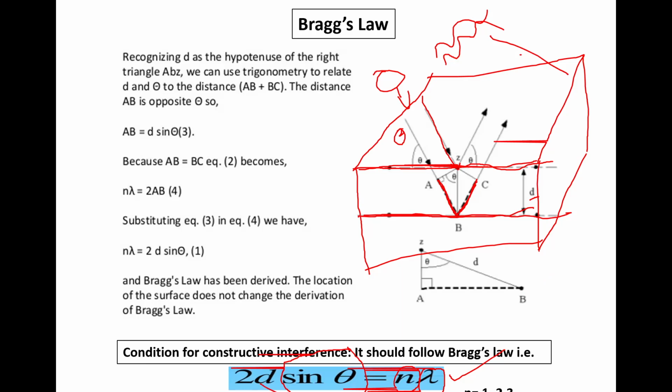You put it here. So this is n lambda divided by 2d, right? Now this sine theta value should be less than 1. So if the sine theta value is less than 1, then your n lambda should be less than 2d. 2d means twice the interplanar distance, where d is your interplanar distance. So if n is equal to 1, then your lambda should be less than twice the interplanar distance.